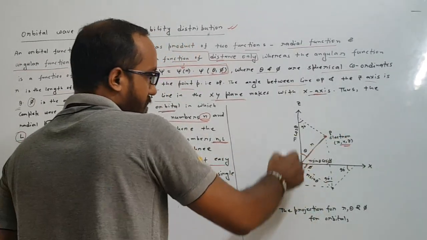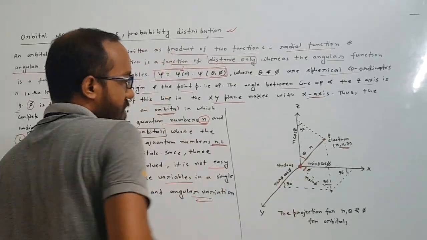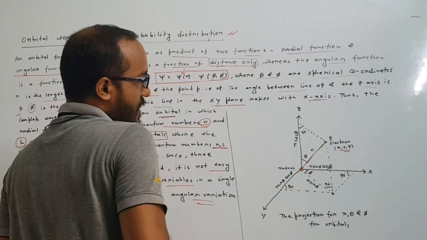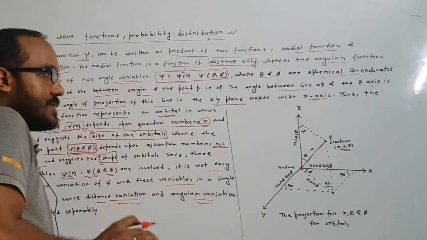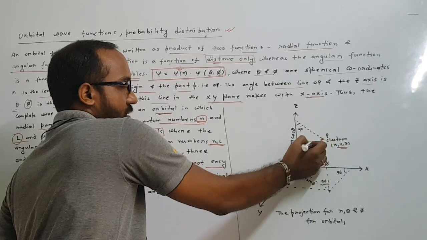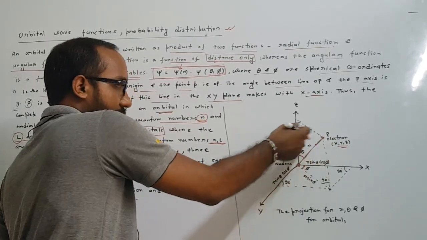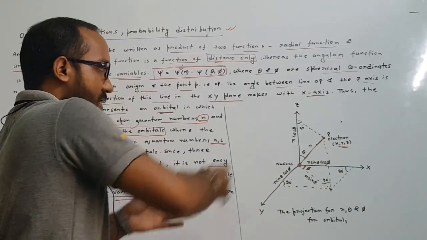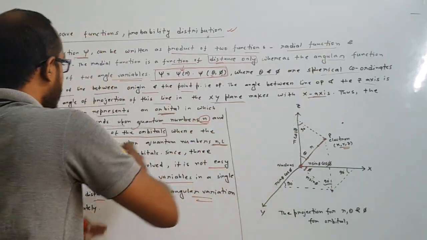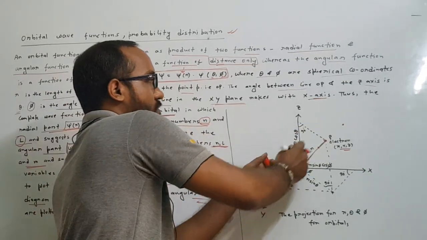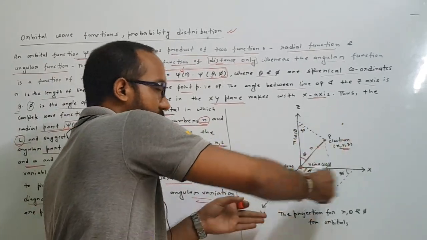These are 3D coordinates, and we have put the nucleus in the origin, and the electron will revolve around the nucleus in various positions. If r is this distance, the electron will be much closer to the nucleus. The radial function depends on size, so if the electron moves away from the nucleus, then the size will increase.